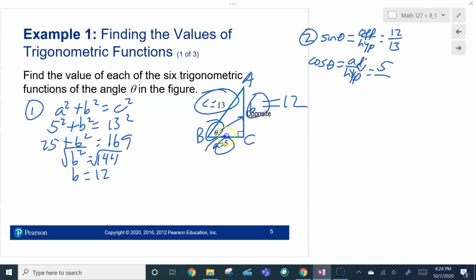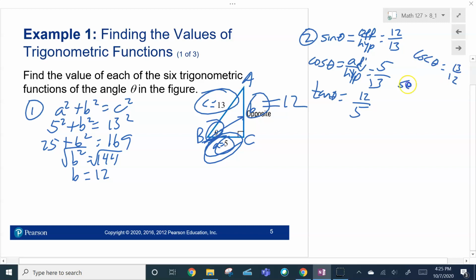So 5, here's the adjacent side with respect to the theta, 5/13. Tangent, opposite over adjacent, so 12 over 5. And then the reciprocals. Cosecant would flip that over, 13/12. Secant flips that one over, 13/5. Cotangent flips that over, 5/12, and so on.